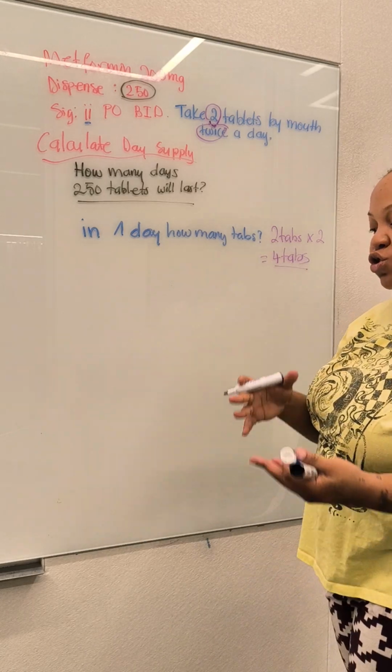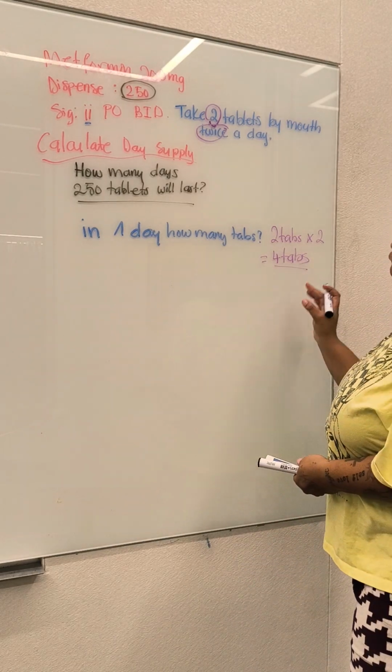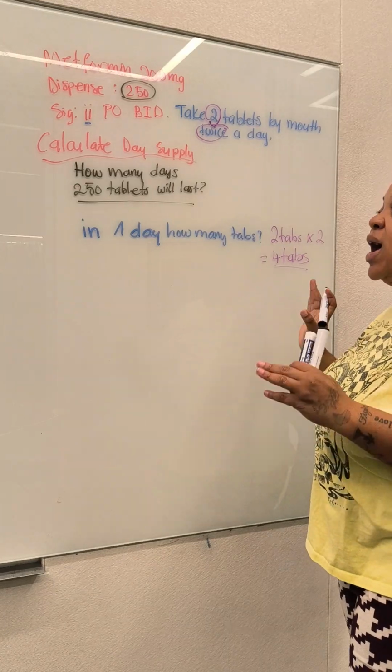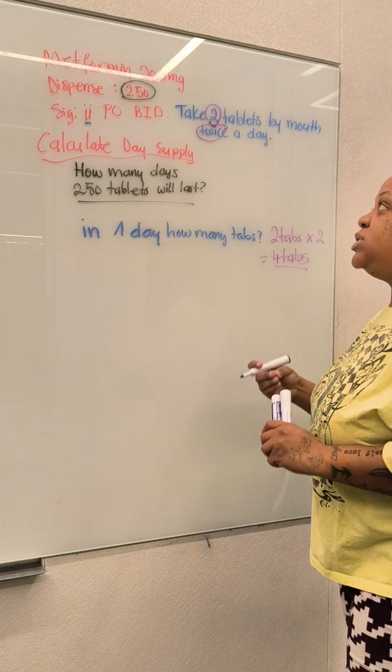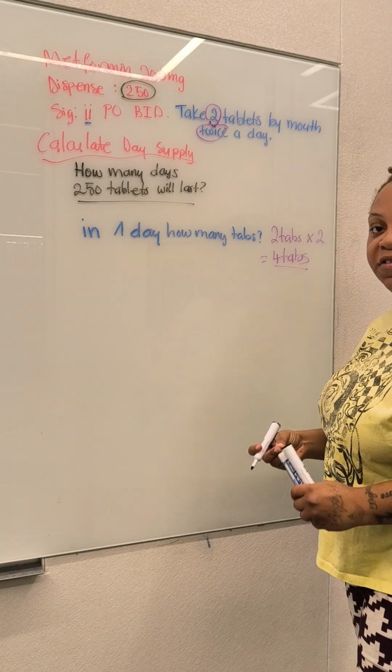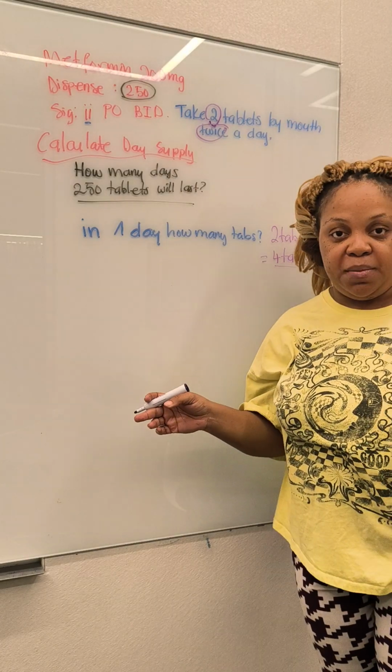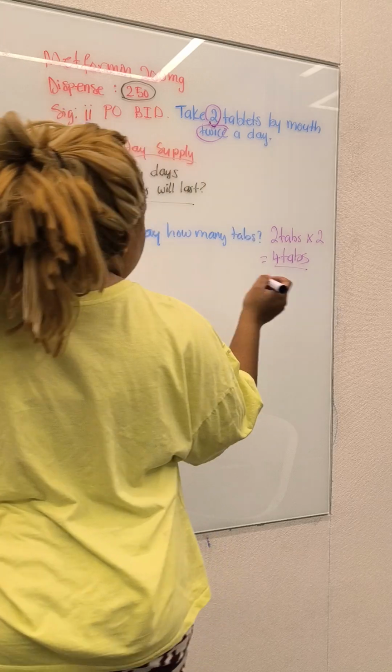So if I have 250 tablets and they're taking 4 tablets a day, how many days are they going to take these 250 meds? So when do they need to come back to the pharmacy, basically? How do you get that?